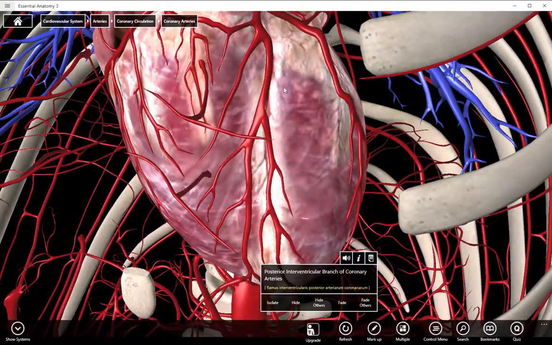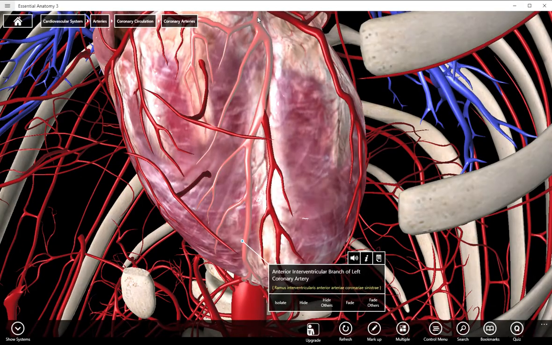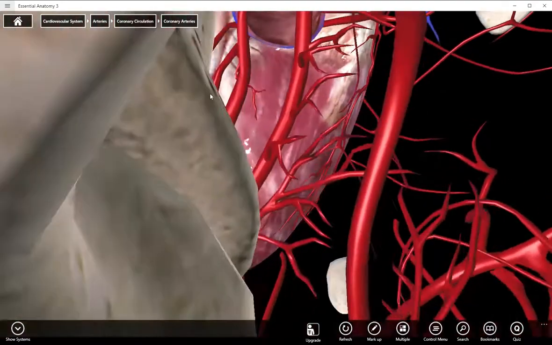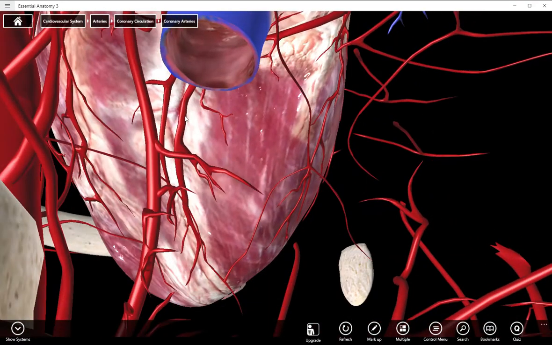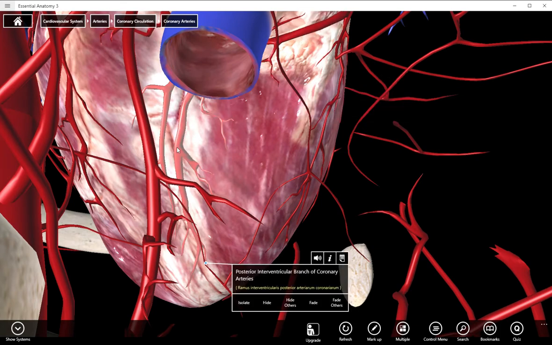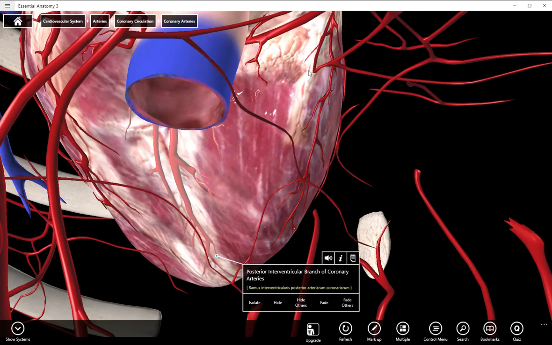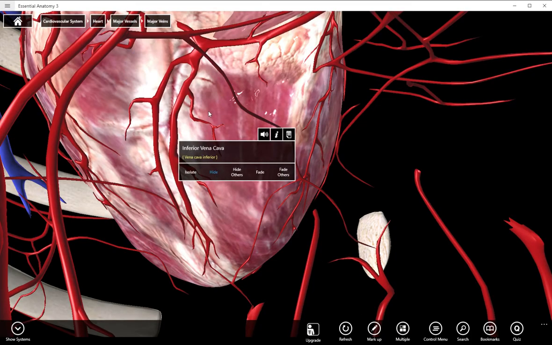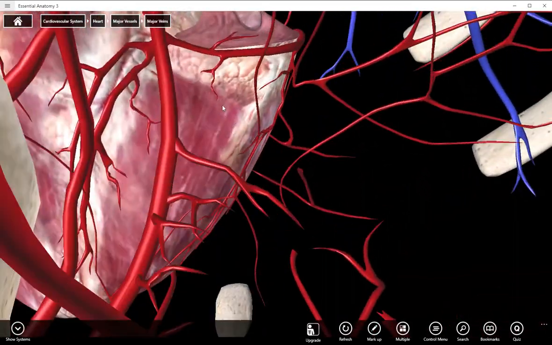So the anterior interventricular branch comes off of the left coronary artery. The posterior interventricular branch comes off the right coronary artery. Okay, so right coronary artery, posterior interventricular branch. You can see it a little bit better.